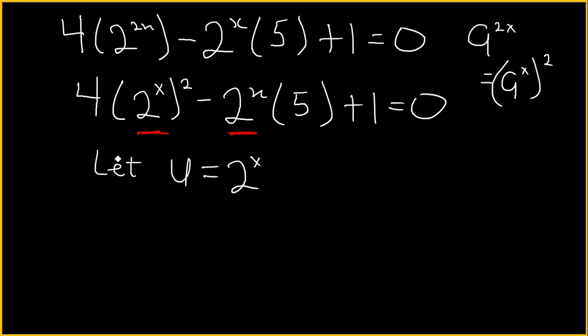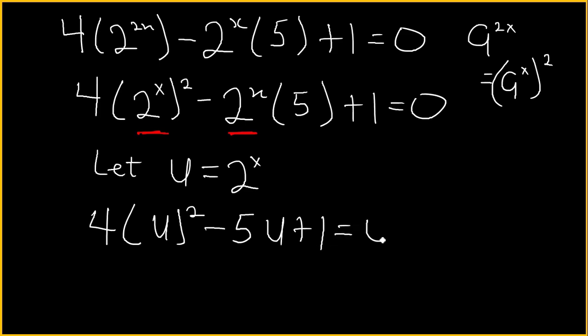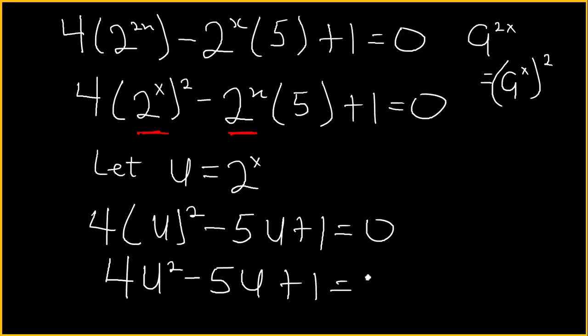Now we substitute in u. 4 by u all squared, minus 5u, plus 1 equals 0. 4u squared minus 5u plus 1 equals 0.